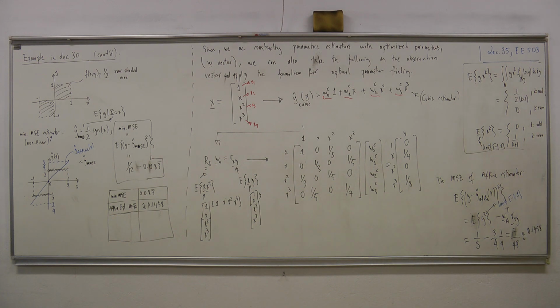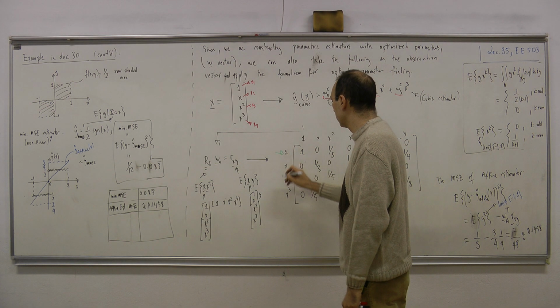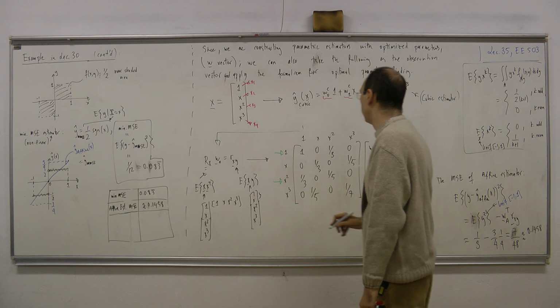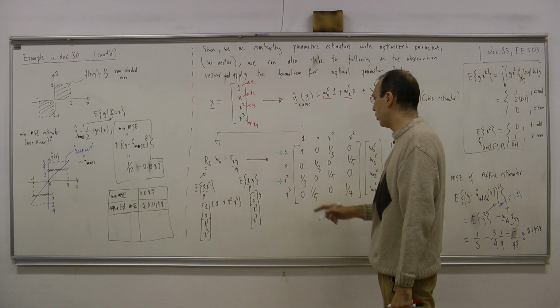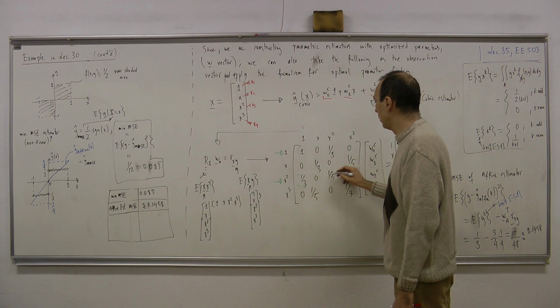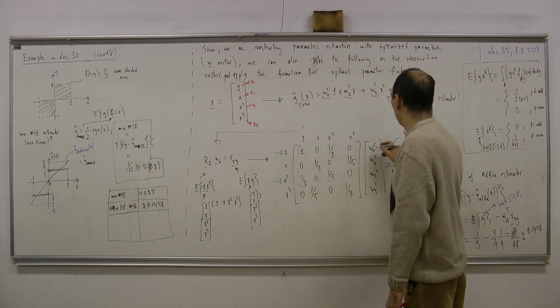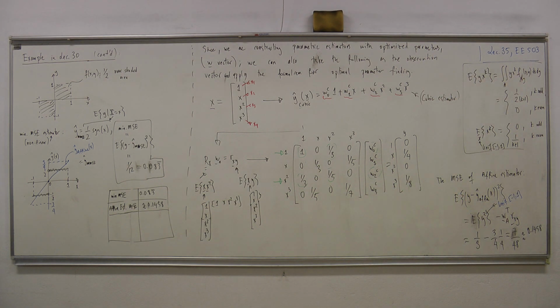So how can I solve this? Well, if you check the first equation and the third equation, what we see is that I have only two variables interacting in the first and the third equation.